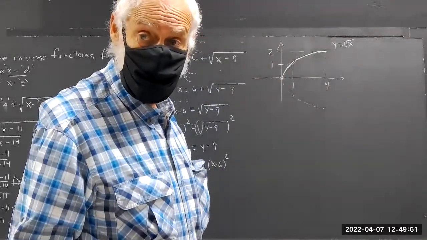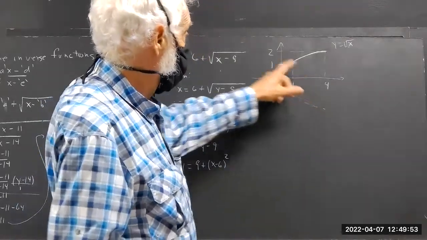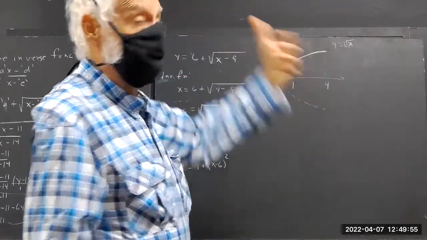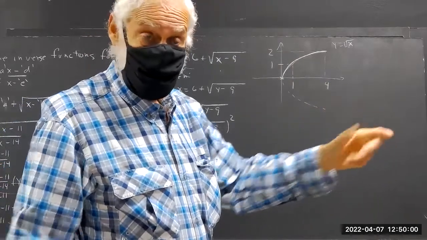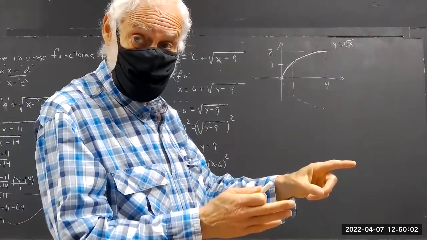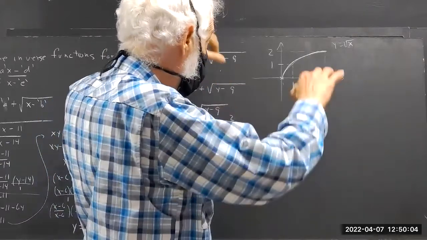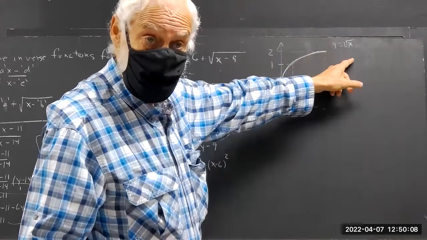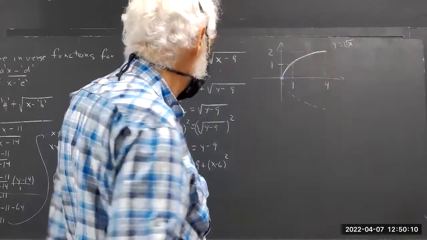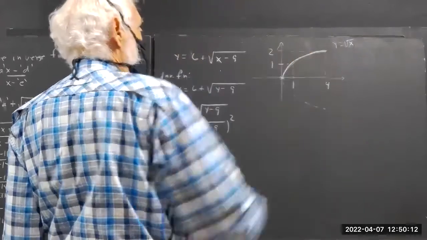Why do we include 4, 2? Because the graph of the squaring function has the point 2, 4. We switch those coordinates, and we get the point 4, 2 on the square root function. So there's what our graph looks like.